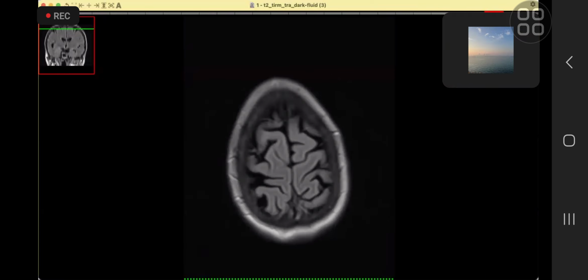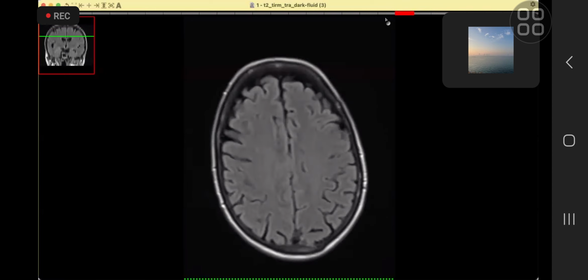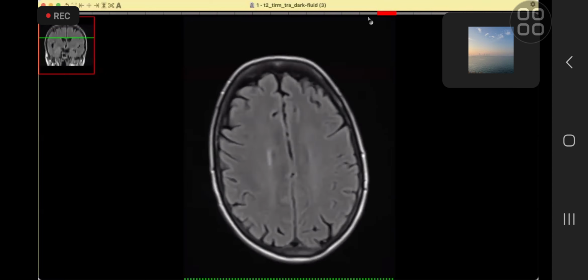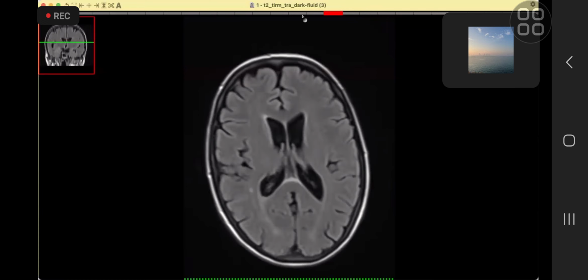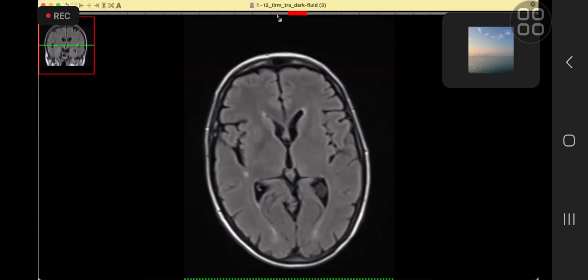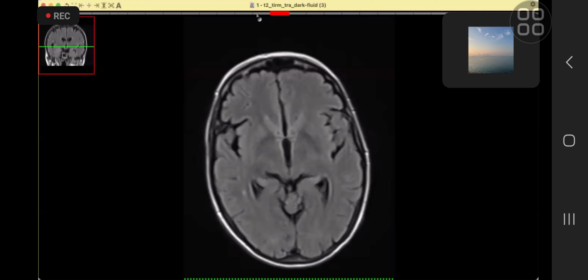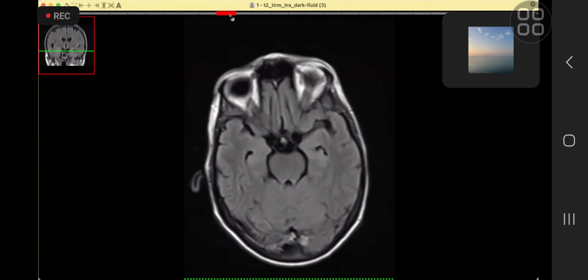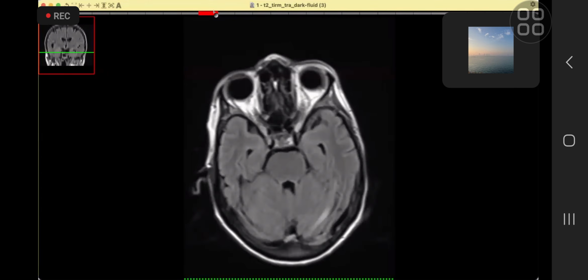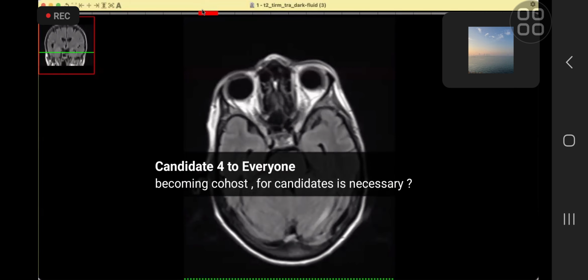This is FLAIR images of a brain of a 52-year-old female patient complaining of dizziness and headache. I can see there are some hyperintense foci scattered in the white matter. I'm focusing now on the area of the dural venous sinuses.